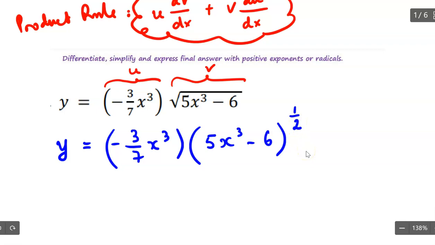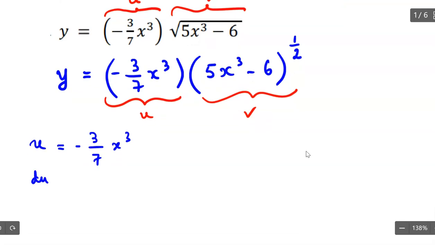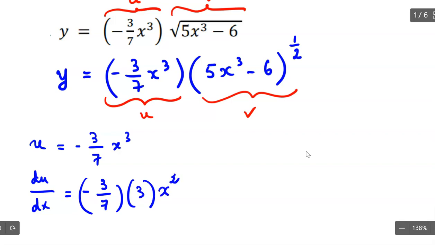Okay, so we are going to identify this as u, and this is v. So then we are going to have u equals negative 3 over 7 x cubed. Therefore, du over dx will be equal to negative 3 over 7 times 3, and at the same time, you reduce the exponent by 1.